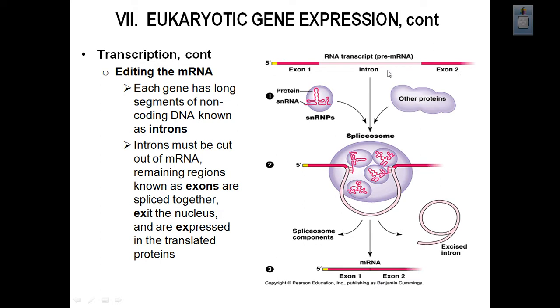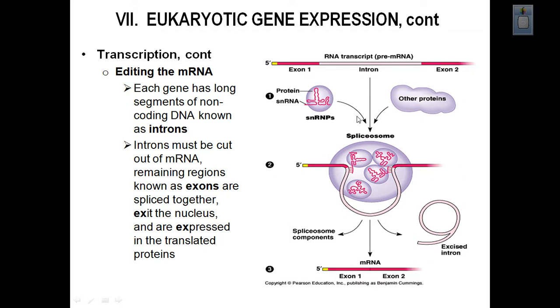So in the top picture you can see here's prescript RNA. It's already had a 5' cap added to it, so it's got that little yellow piece. We've got the mRNA here, which is composed of exons and introns.